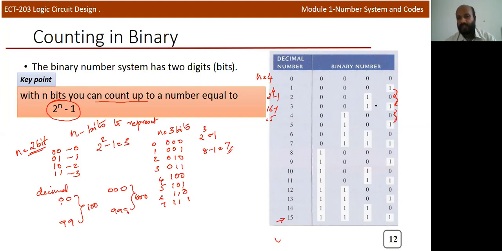In the next position, you can see 2 ones, then 2 zeros, again 2 zeros, 2 ones. So this is the sequence. In the third position, you can see after 4 zeros, 4 ones, and here after 8 zeros, 8 ones. So there's a pattern when you write the binary numbers.